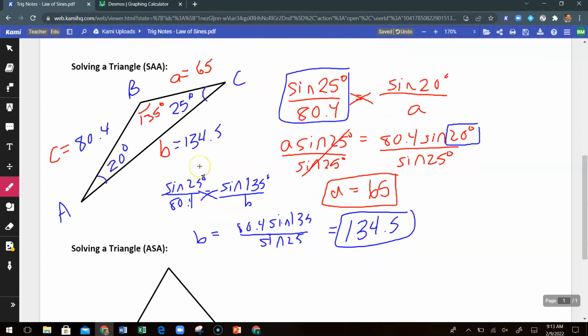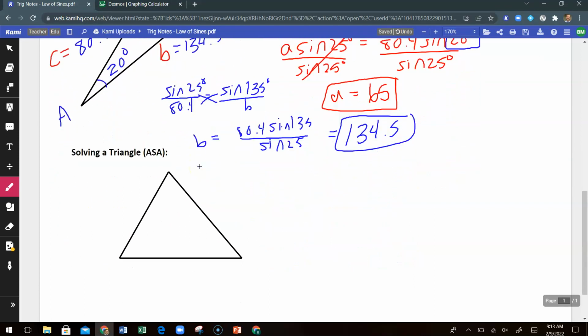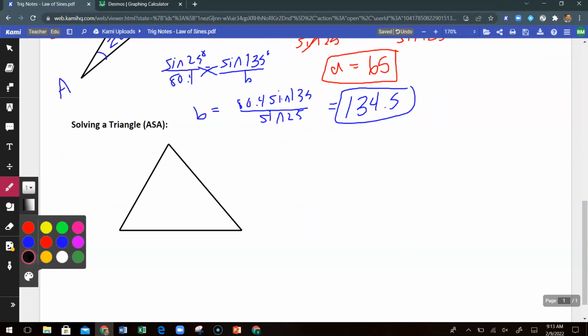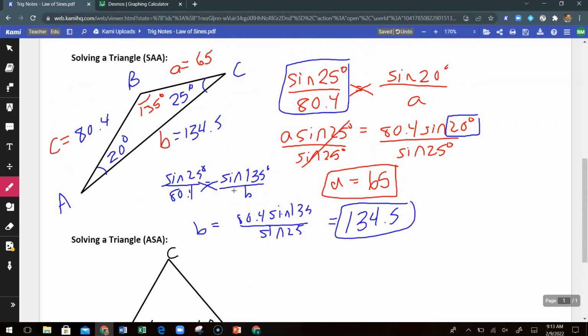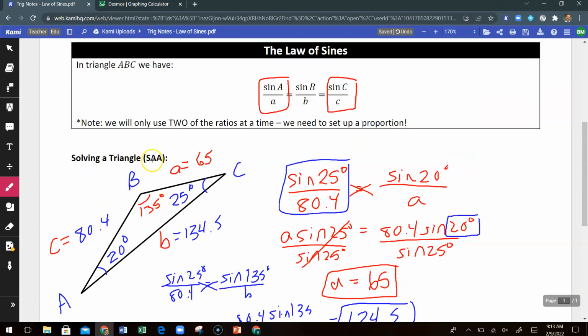Okay, next up is an example of angle side angle. Again, a lot of this information would need to be given off the start. Again, I'm going to do triangle ABC. And this time we're given that angle A is 75 degrees, angle B is 60 degrees, and side length C is 340. I didn't mention this yet on the other one, but what I was given was side angle angle.